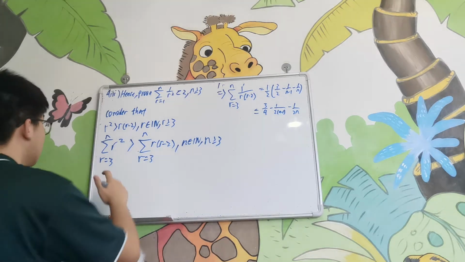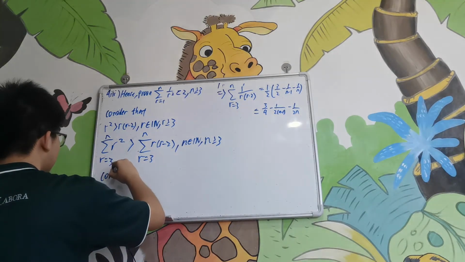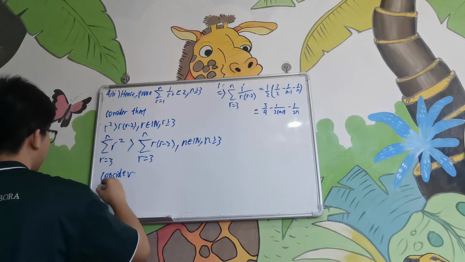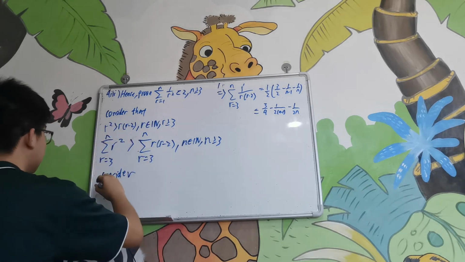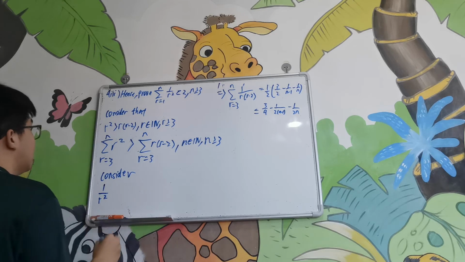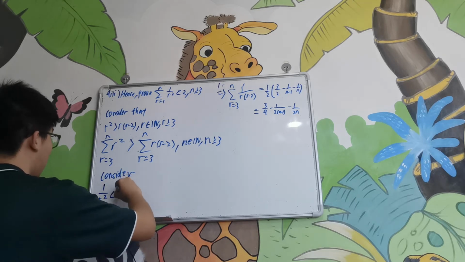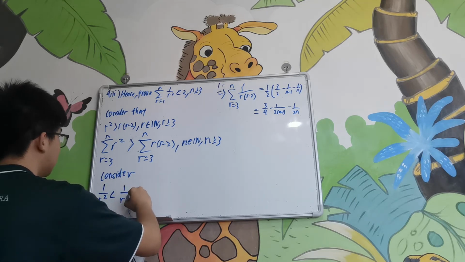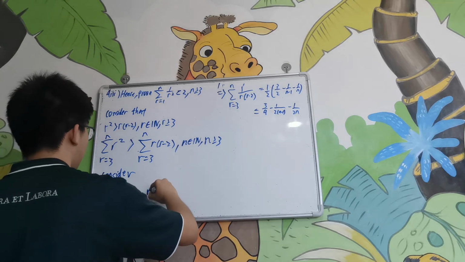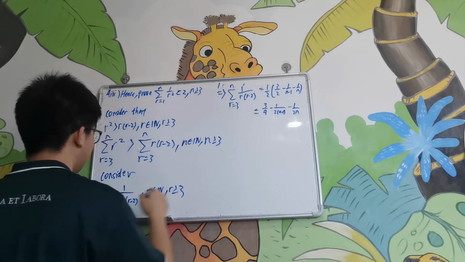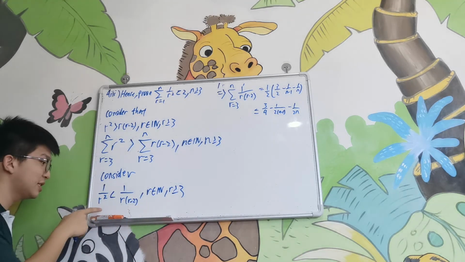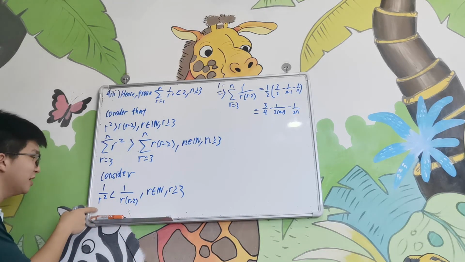So consider that when you take the reciprocal of these things, 1 over r squared is actually less than 1 over r minus 2, for r a natural number which is more than or equal to 3. I want you to consider this very important thing.